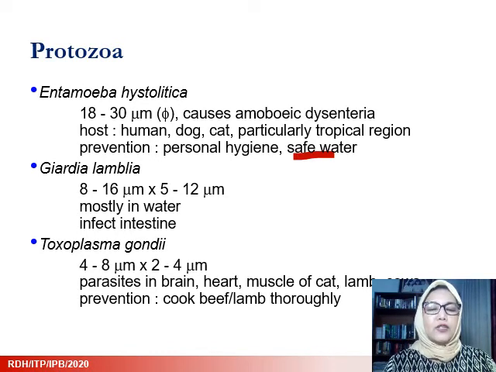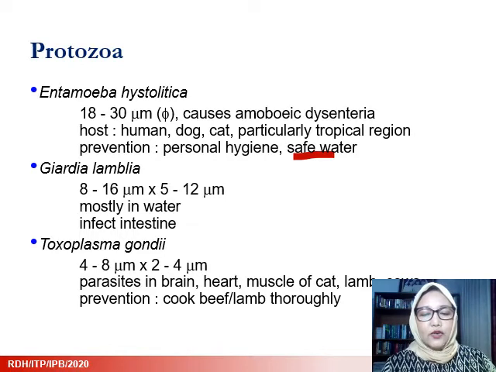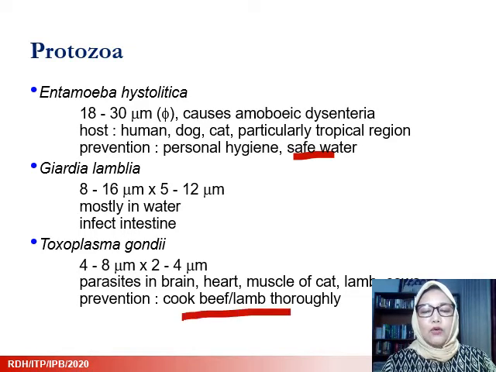Giardia lamblia is also mostly waterborne and can infect the intestine. Meanwhile, Toxoplasma gondii are parasites in the brain, heart, and muscle of cats, lambs, etc. The prevention from Toxoplasma gondii includes cooking the beef and lamb thoroughly.